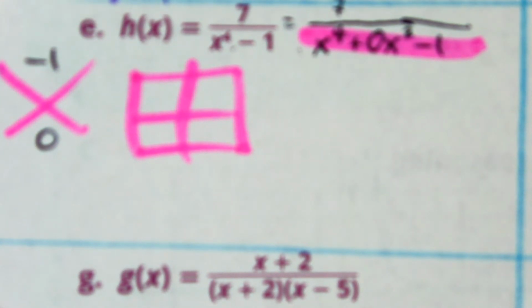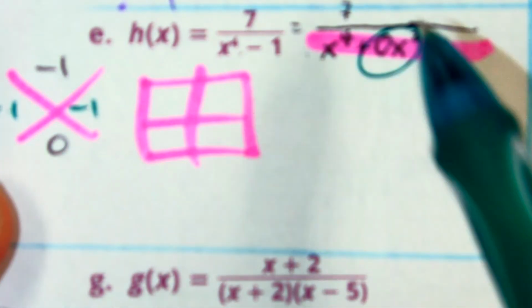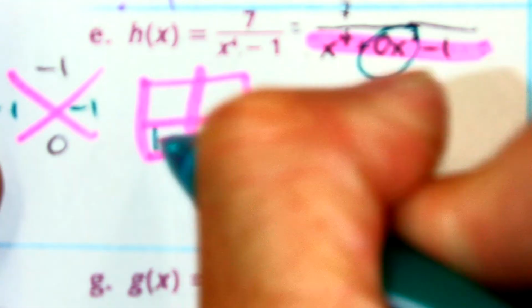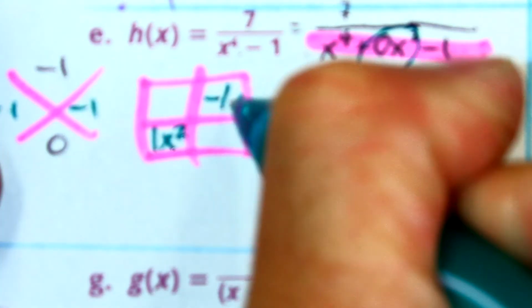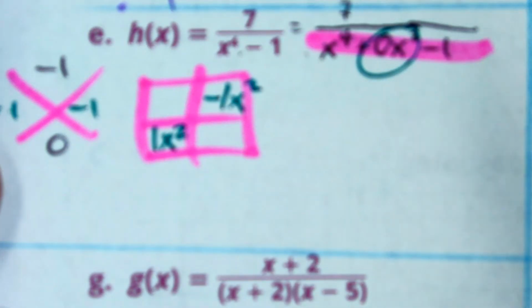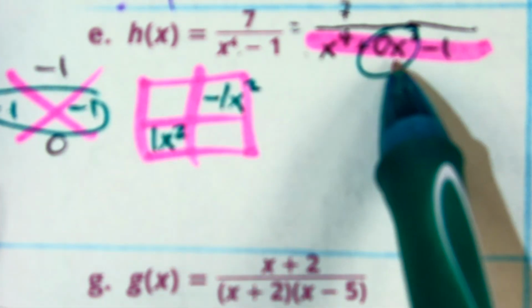It's 1. Remember, these two are splitting the middle term, so I'm going to write 1x squared, negative 1x squared. These two numbers here are splitting the middle term. So if I add those together, 1 minus 1 gives me 0 x squared.